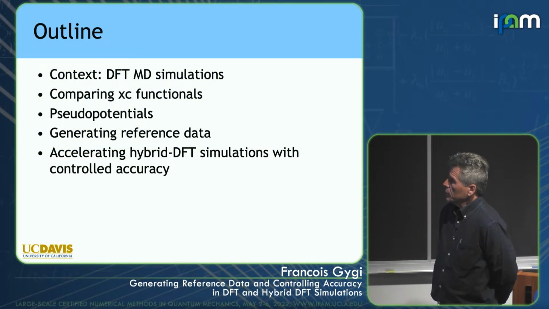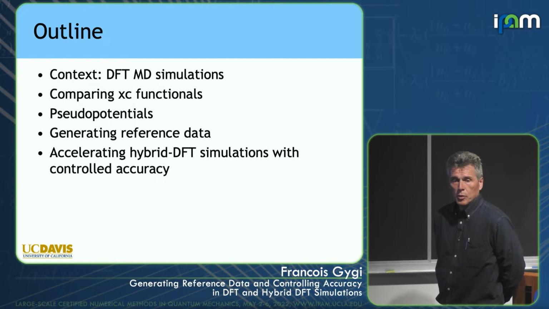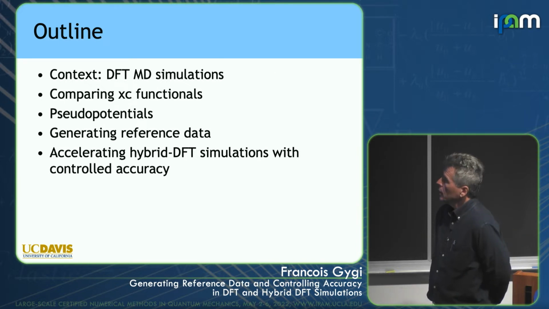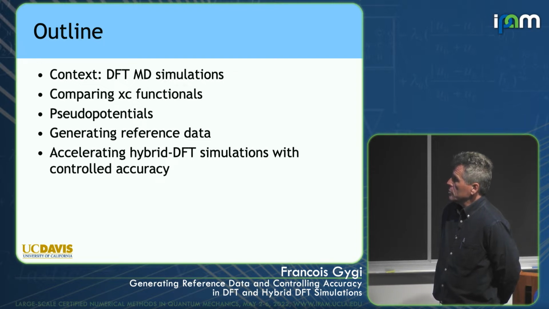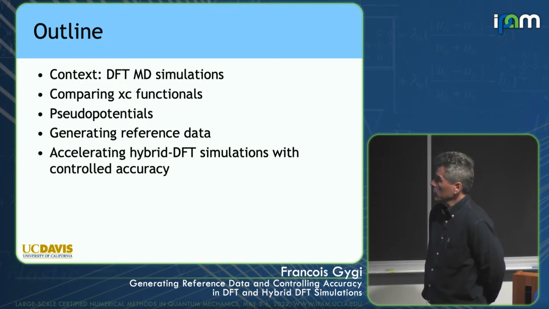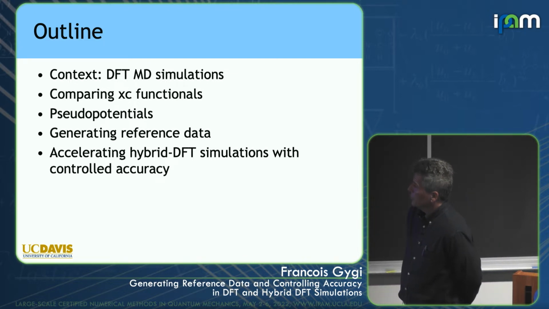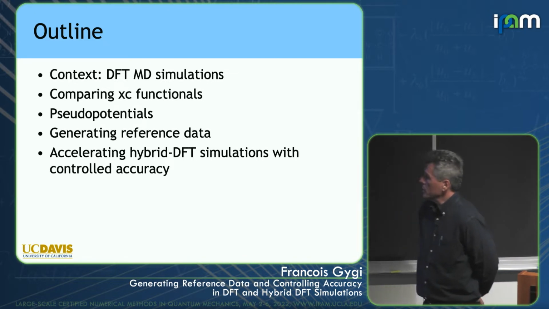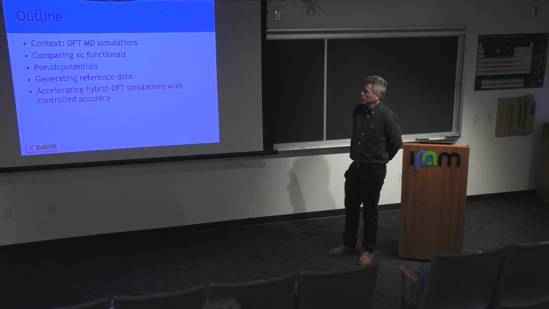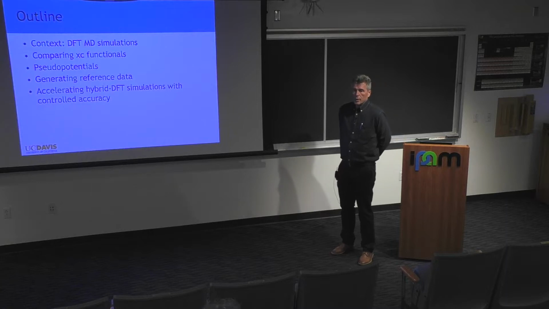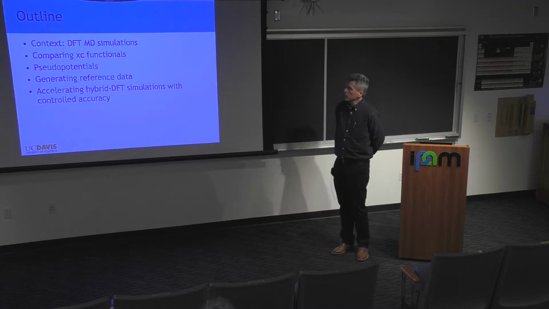That will lead me to the question of pseudopotentials. How good are they, and how do we check that they are accurate? And what are the means to generate reference data to be able to do this kind of assessment? And last, if time permits, I will briefly make a few comments on a technique we developed to accelerate hybrid DFT simulations in a way that keeps control on accuracy.